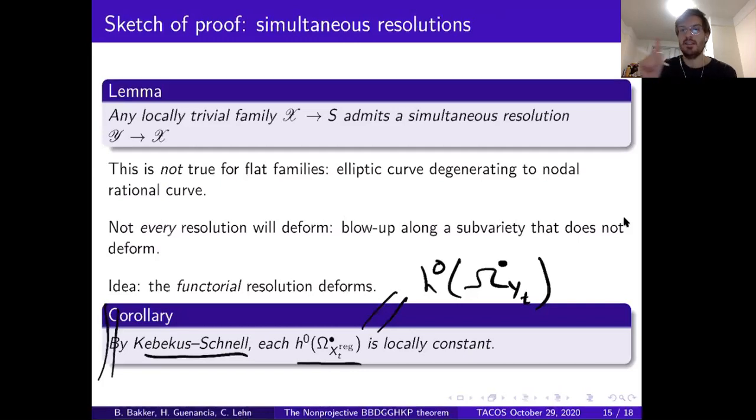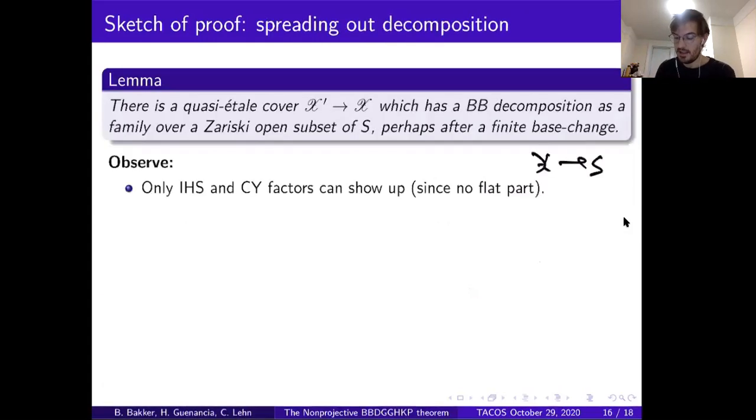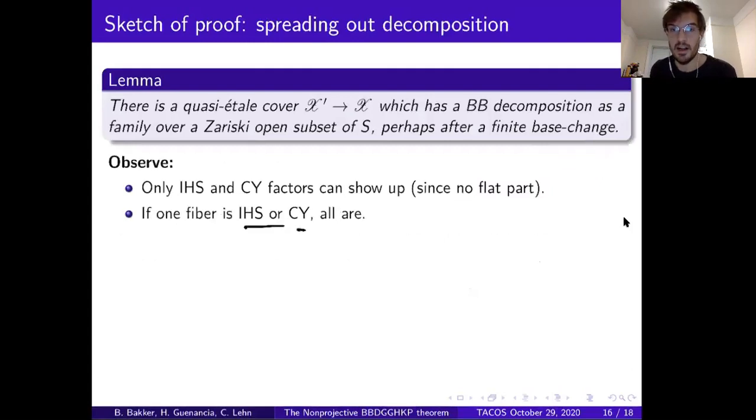Because we know that the number of holomorphic forms on the regular locus is constant in locally trivial families, and the definitions of being irreducible symplectic or Calabi-Yau are in terms of how many holomorphic forms on the regular locus you have. So you can read off whether you have the correct number in one fiber from having the same property on the other fiber.